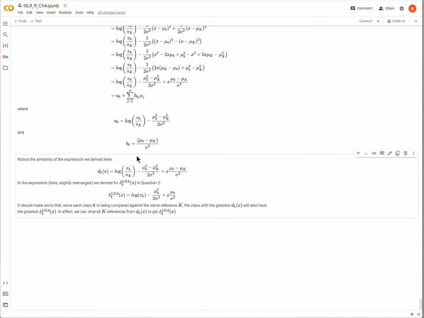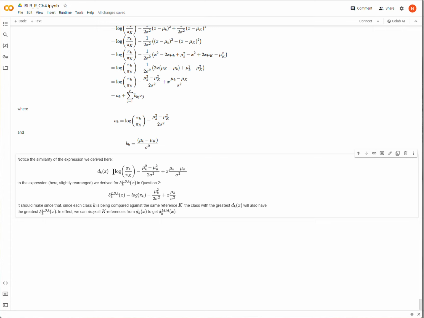Notice how similar this is to the delta function for LDA that we derived way up in question 2, which looked like this. You can go check it out for yourself. We have corresponding pi terms, corresponding mu_k terms over 2 sigma squared, and corresponding x times mu_k terms here. The only difference is that for d_k, we are always referencing this reference class, mu capital K or pi capital K, right?